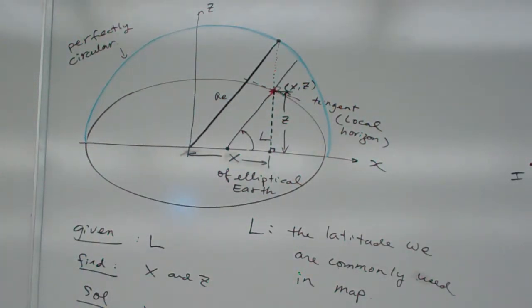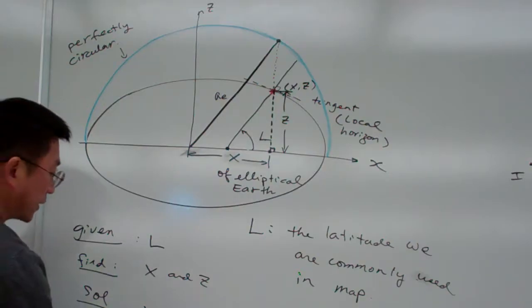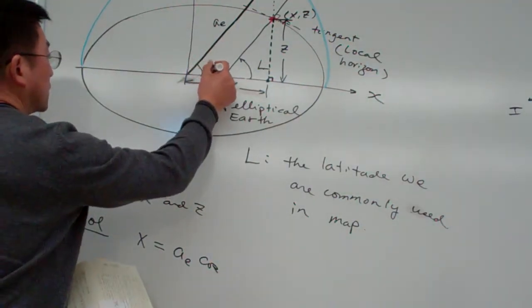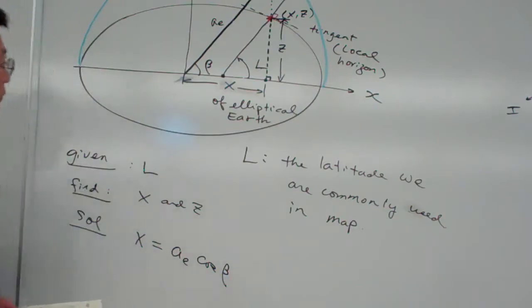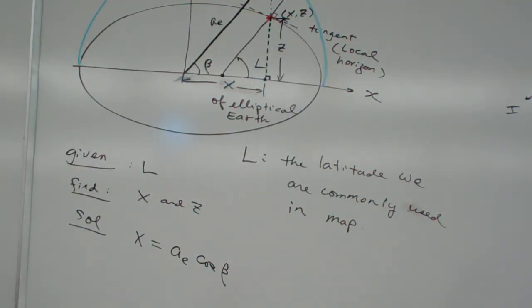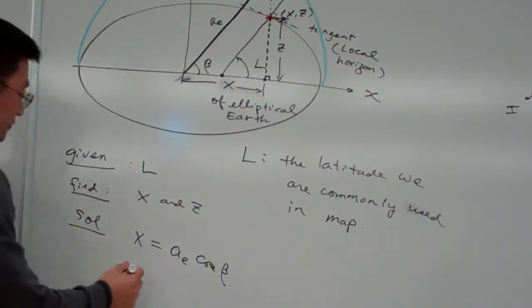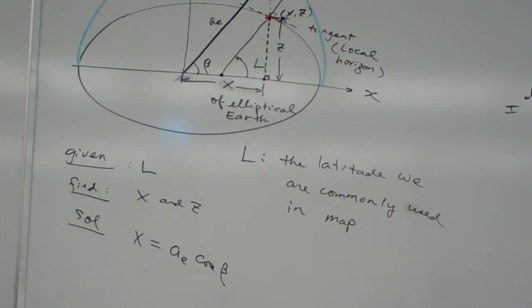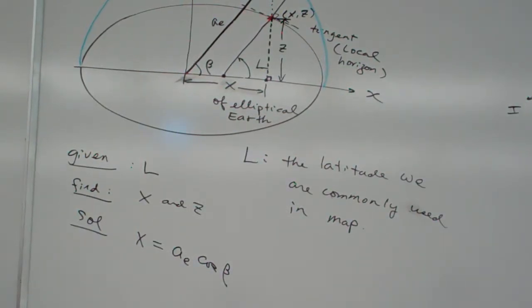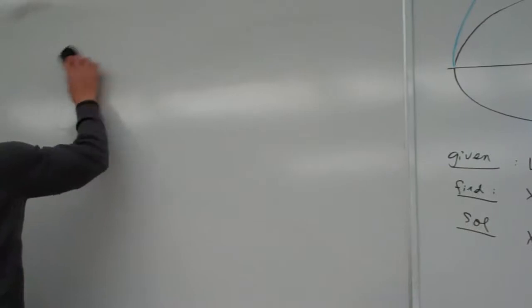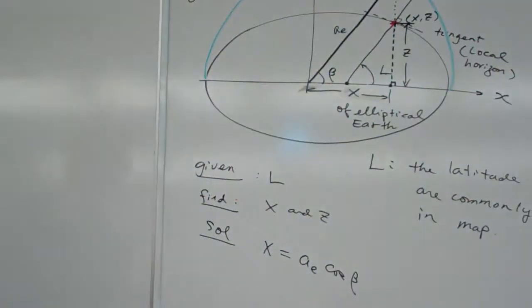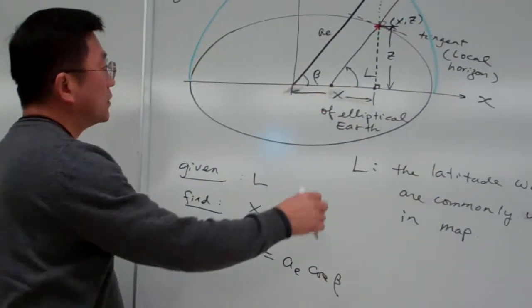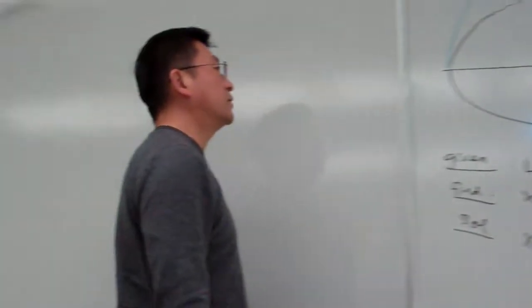So XZ are measured in this way. From here we can see X equals AE times cosine, and let me say this is beta, and sine. And Z is this one.